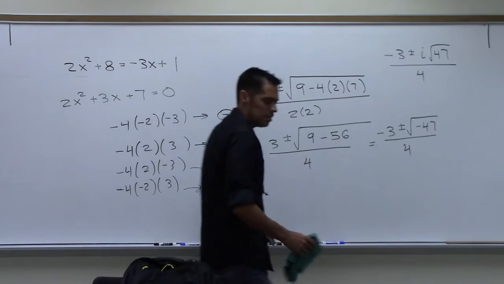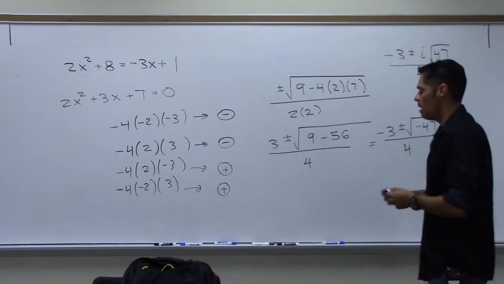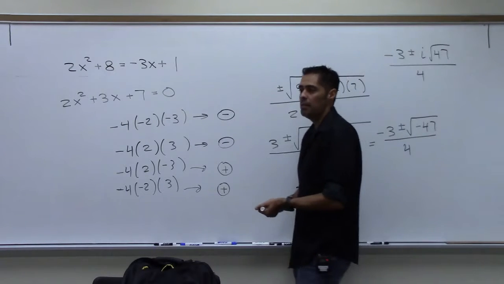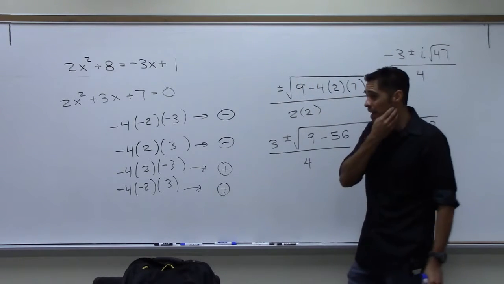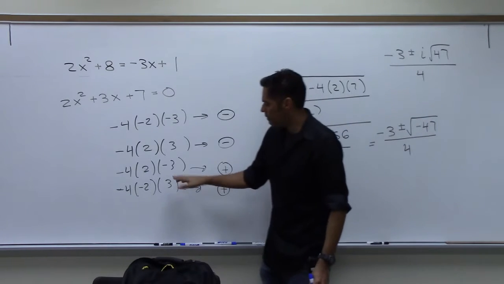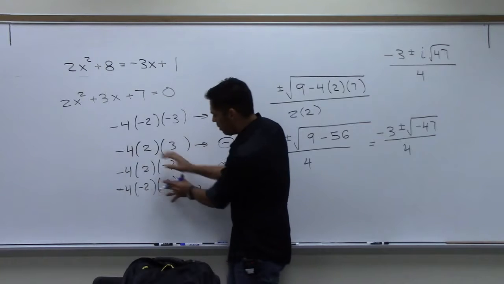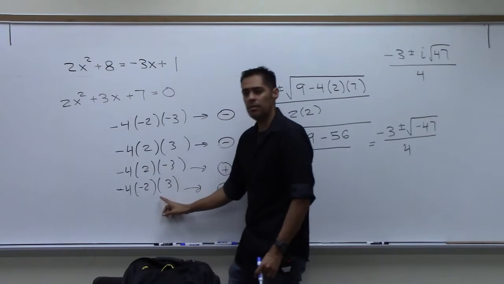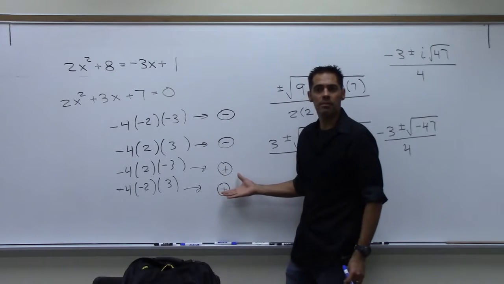Now, the reason I'm showing this to you is because some people get into a habit of just counting how many negatives they have. You can kind of see here, if you have 2 negatives, just look at this whole expression. Do you see 2 minus signs? It's going to be positive.